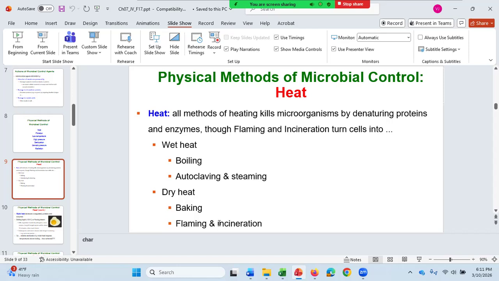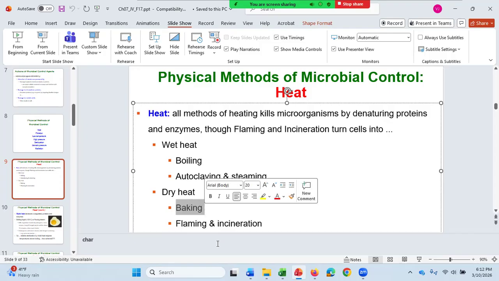We're talking about dry heat: flaming and incineration. Flaming incineration turns the molecules into char, and that can kill the cells as well. Baking is just sticking your ingredients into the oven to bake them. Any questions about heat?